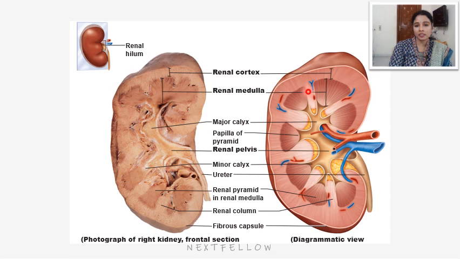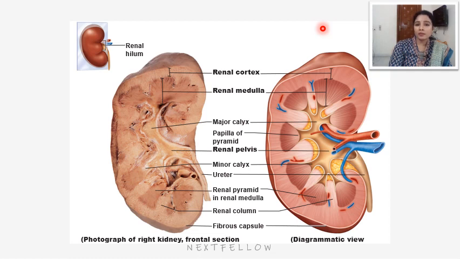The dark colored things are the renal pyramids. The renal cortex contains the renal corpuscles and the proximal and distal convoluted tubules. So the cortex, which is dipping down here into the columns, contains the renal corpuscles, which consist of the glomerulus, a tuft of capillaries surrounded by the glomerular or Bowman's capsule, which is invaginated by the blind end of the nephron.